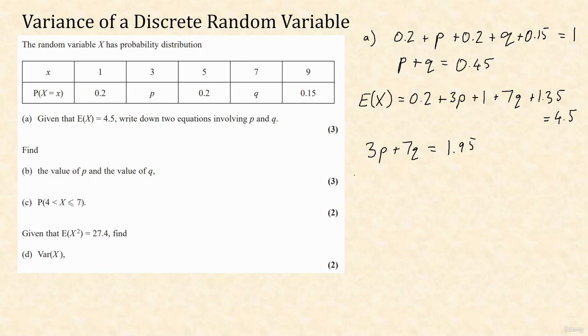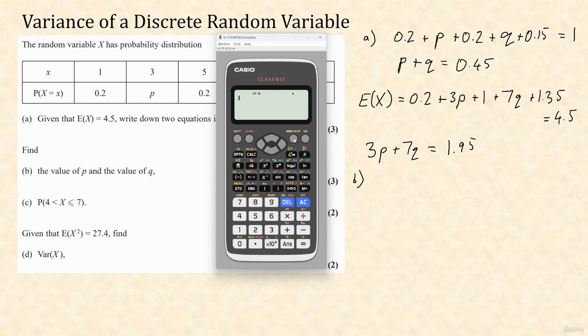Part B, find the values of p and q. Well, this is just simultaneous equations here, so solve this however you like. I quite like to use the simultaneous equation solver function in my calculator for that. If you're not familiar with how to do that, just go to Menu, scroll down and across to our equation/function. Simultaneous equation here. How many unknowns? Well, 2 unknowns, p and q.